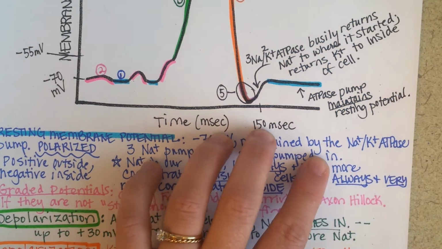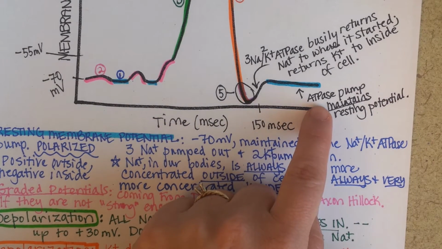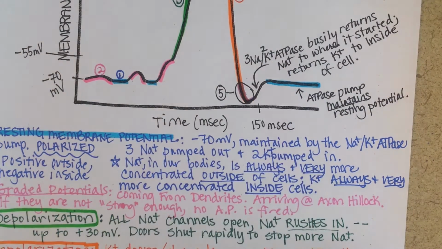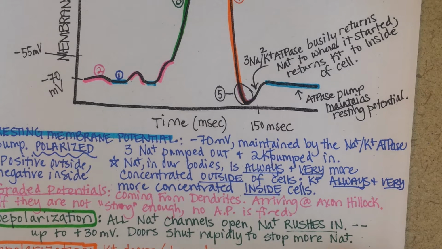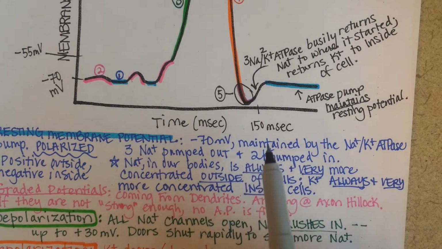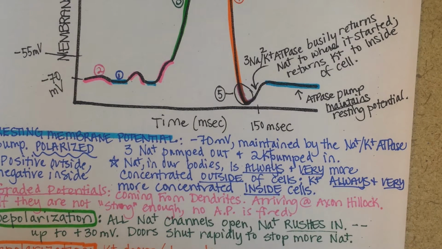Any kind of a poison or an illness that affects this sodium potassium ATPase pump, or a venom from a snake, will kill you if not reversed promptly, because without the sodium potassium ATPase pump you could not keep firing action potentials, because eventually you would lose the negativity that the cell has.